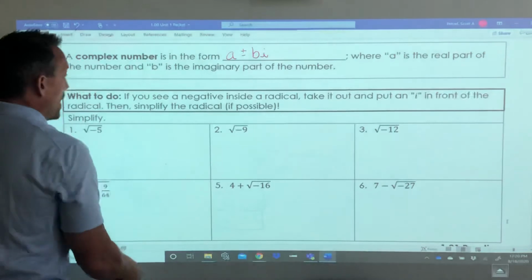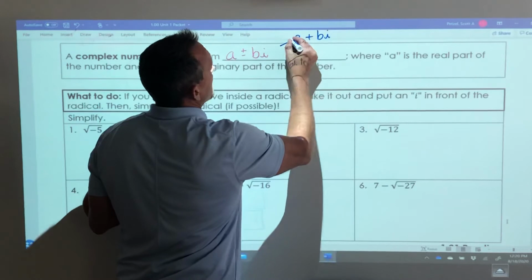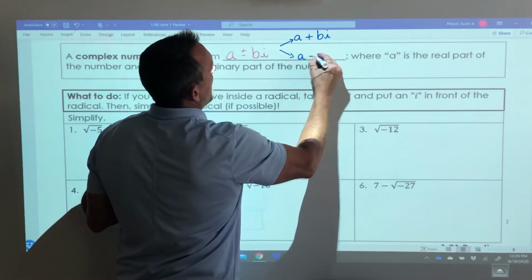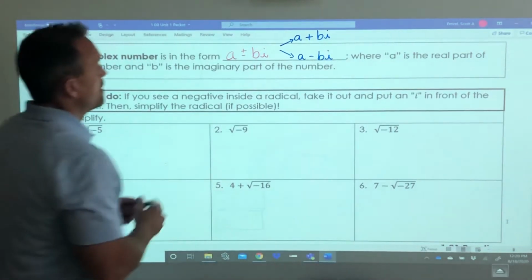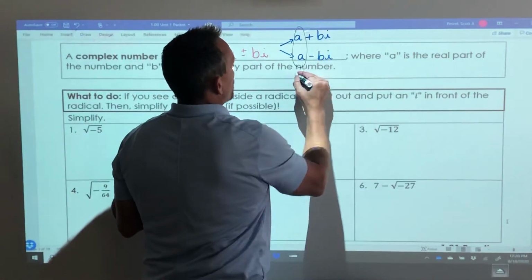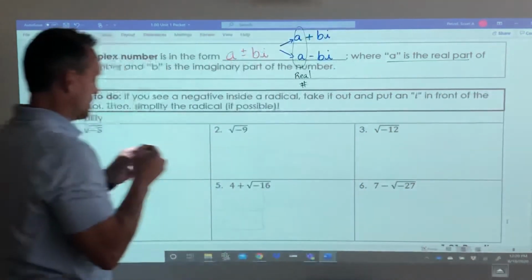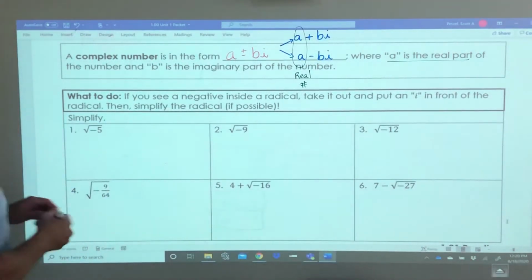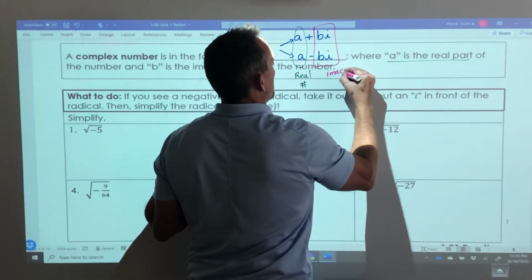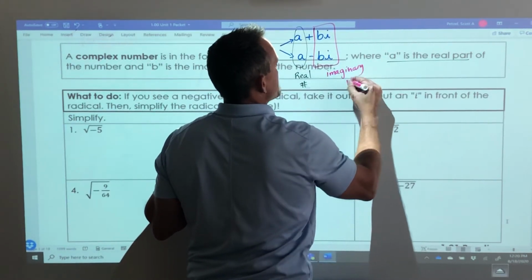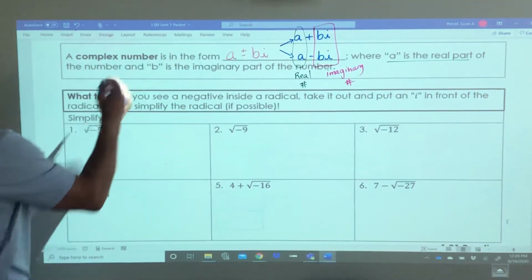When I write plus or minus, it can be a plus bi, a minus bi, where a is the real part, the real number, and b is the imaginary number. And again, this is why these are called complex numbers. Okay?